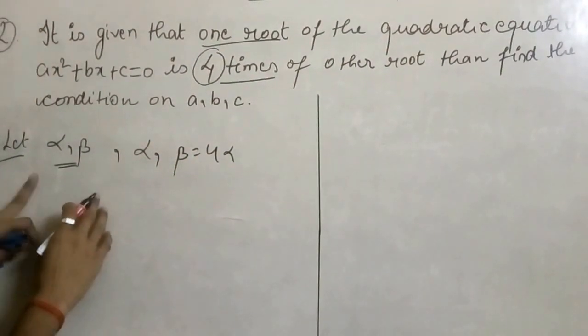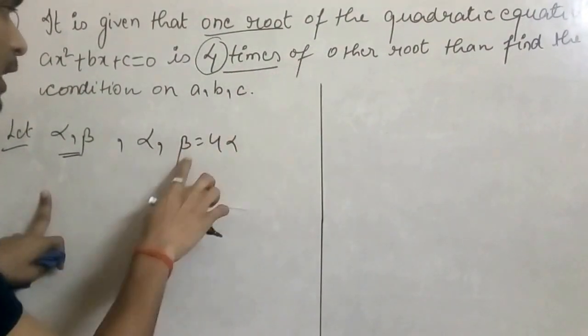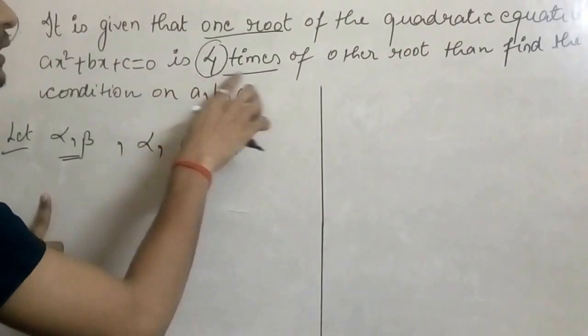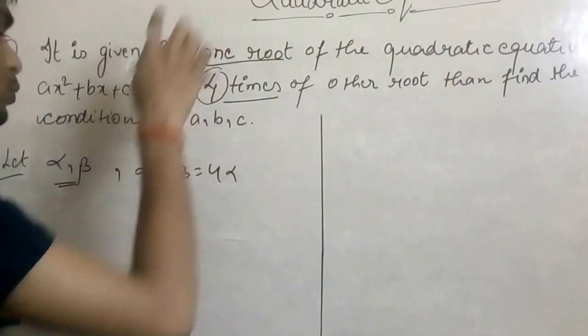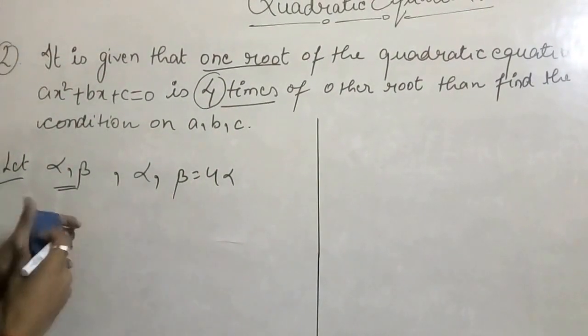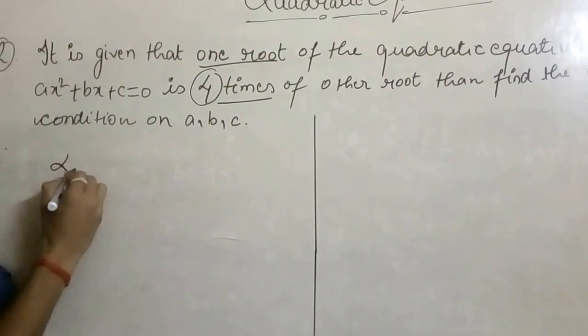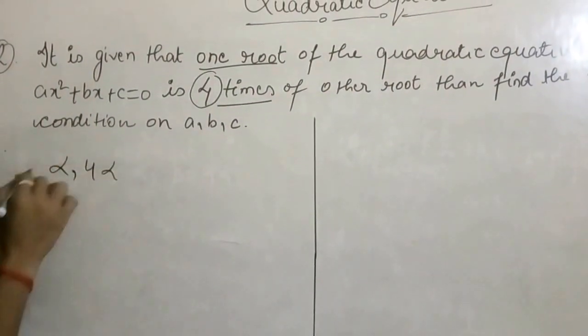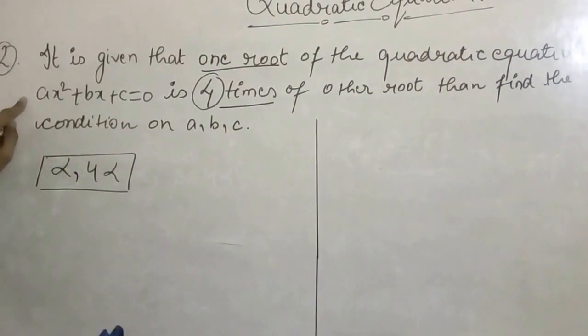Okay, so here we get the two roots, one is alpha and another is beta, here beta equals 4 alpha. Because in this question it is given that another root is 4 times the previous root. So if one root is alpha then another root is 4 alpha. Then we get the two values of the roots, one is alpha, another is 4 alpha. These are the values of the two roots of this equation.